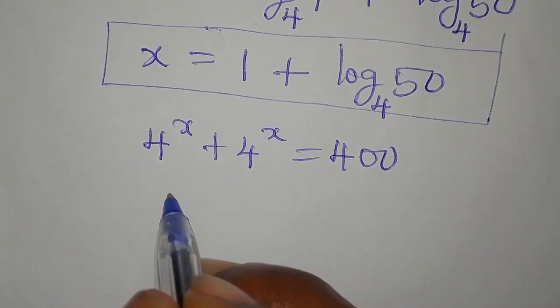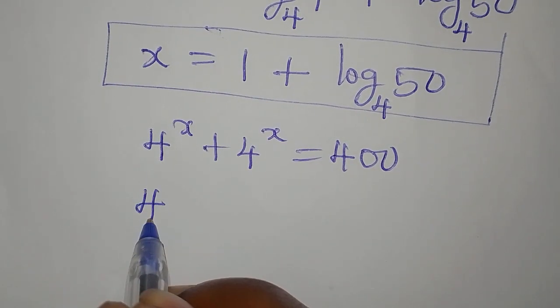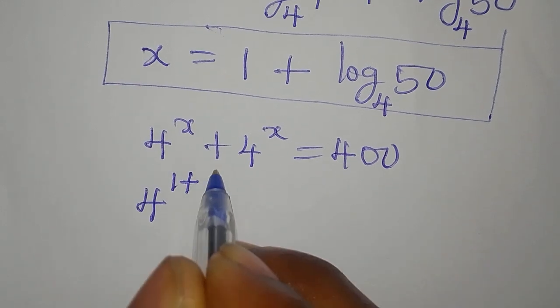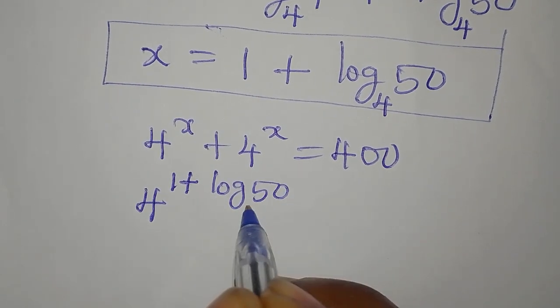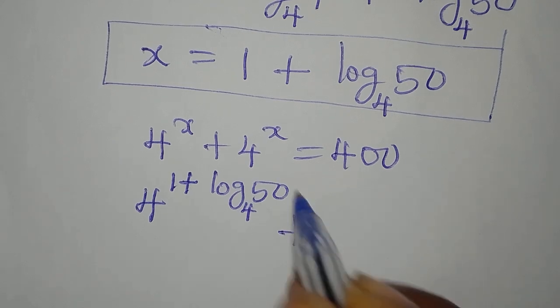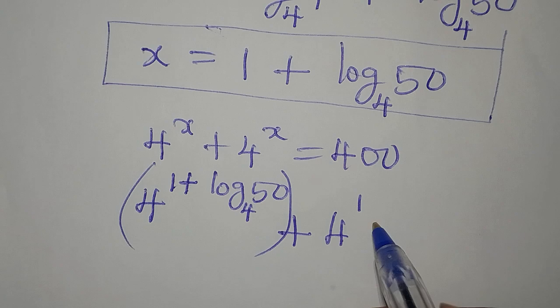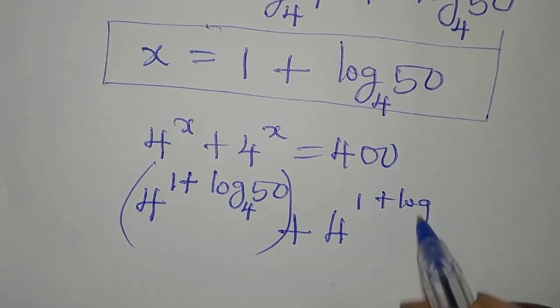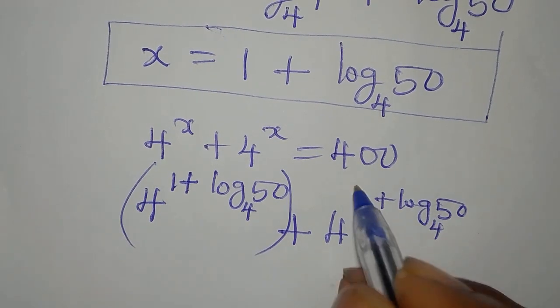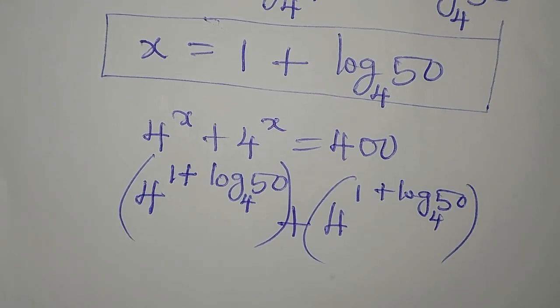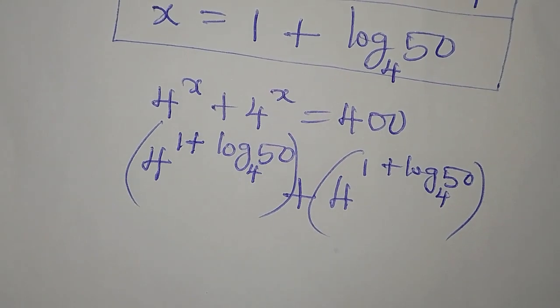So from here, we have 4 now to the power of 1 plus log 50 to base 4. Then plus, let me put this in bracket, plus 4 again to the power of 1 plus log 50 to base 4. Now, if this does not give us 400, then we are wrong.